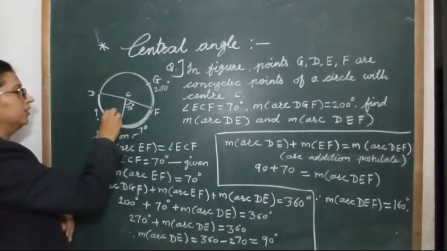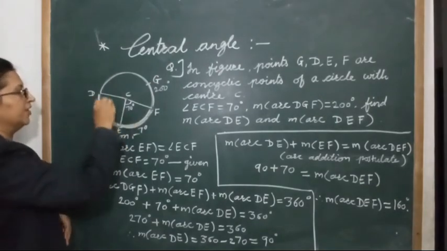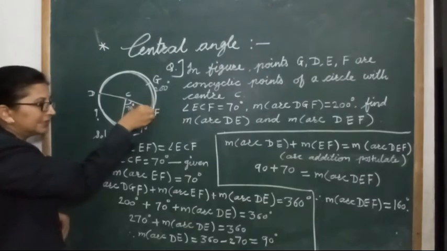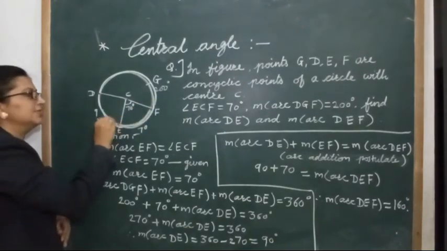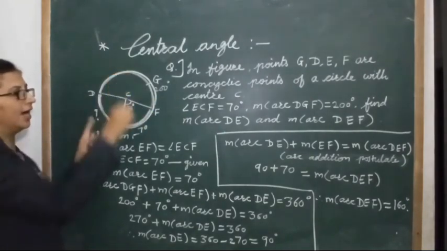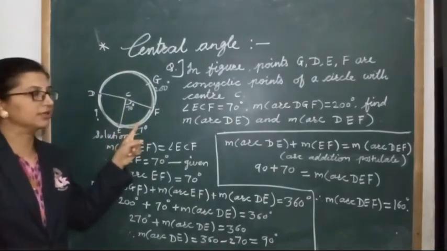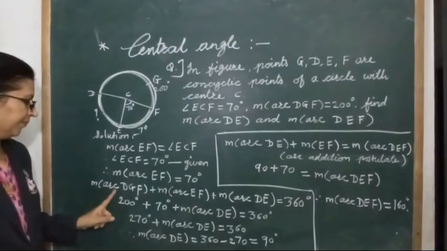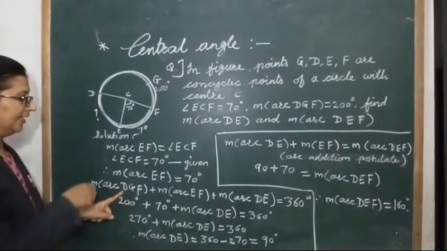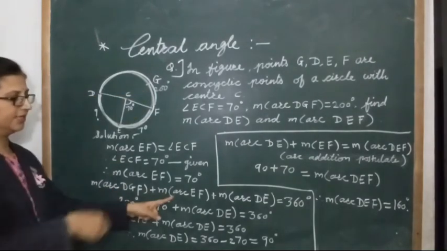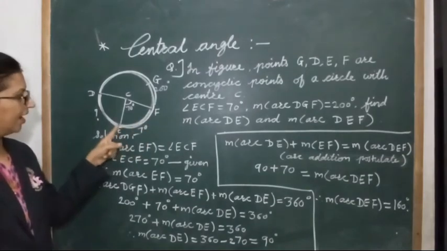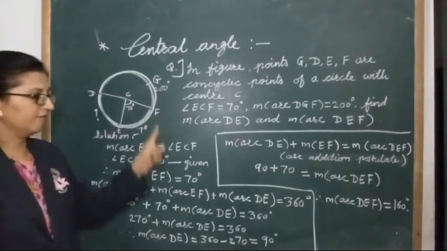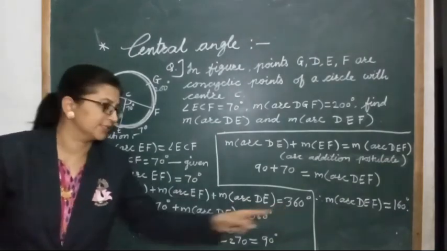Now this whole circle is the combination of the arcs DGF plus EF plus DE. If we add all these three arcs, we will get the measure of the whole circle. So here the measure of arc DGF, then arc EF and arc DE, is nothing but the measure of the whole circle, 360.